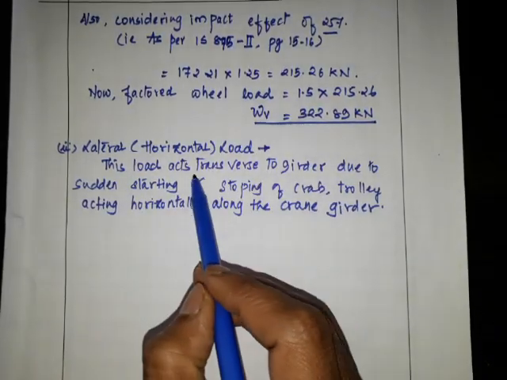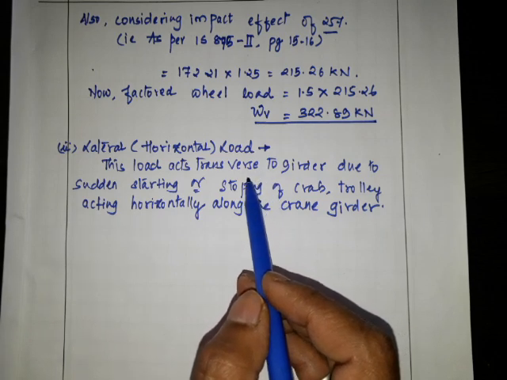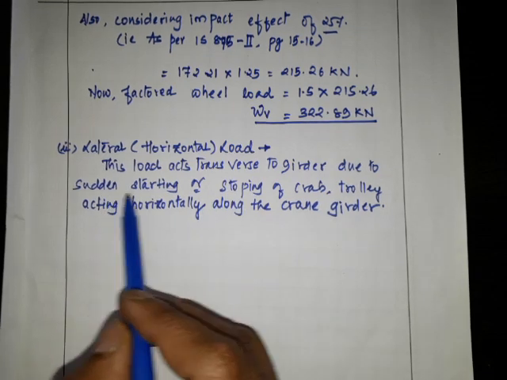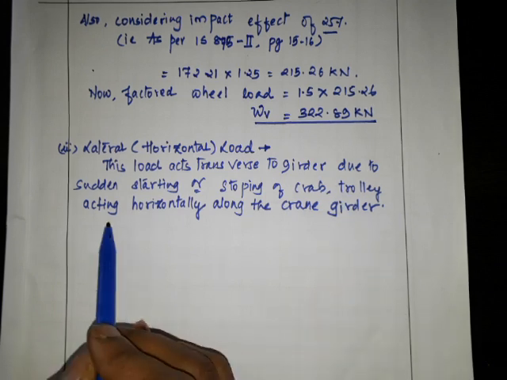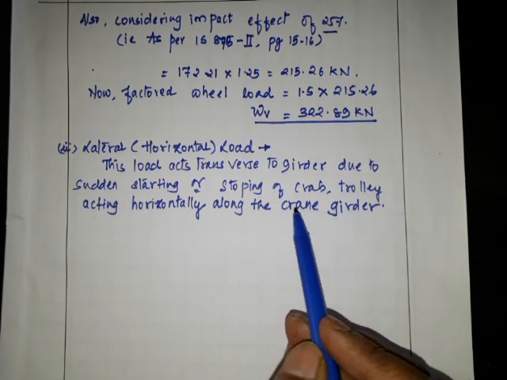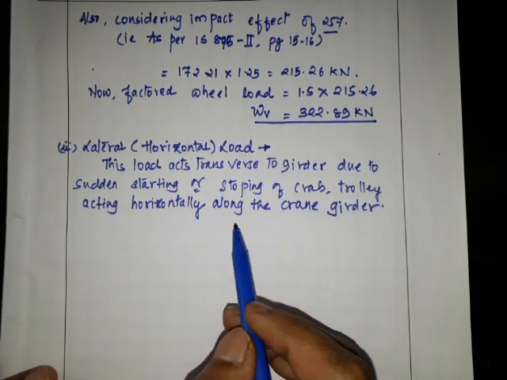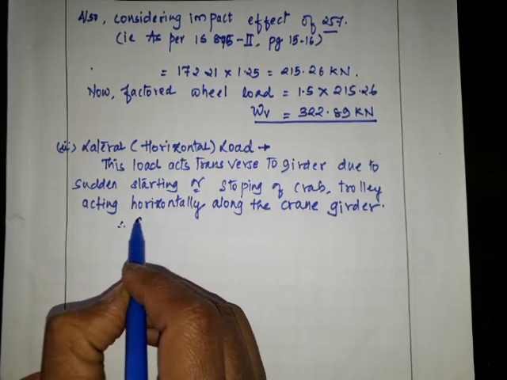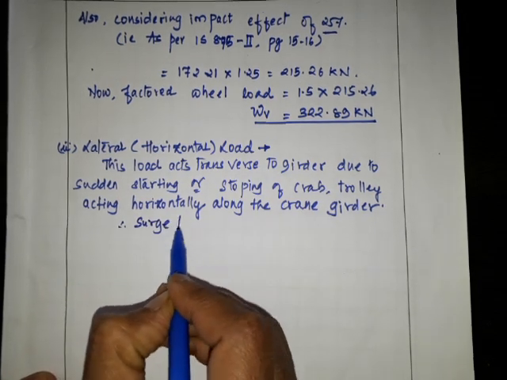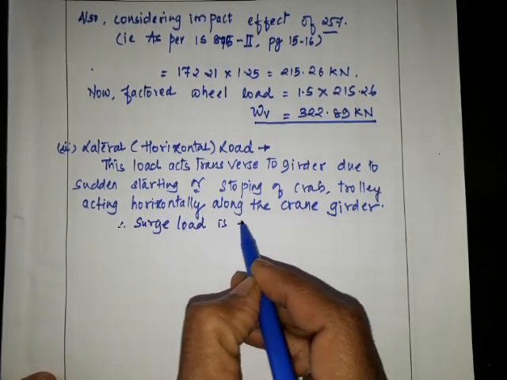So how is it considered here? It acts transverse to the girder, in the horizontal direction, due to sudden starting or stopping of the crab or trolley, acting horizontally along the crane girder. Therefore it is also called surge load.